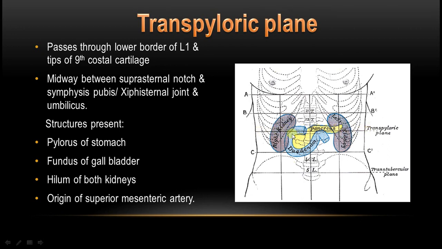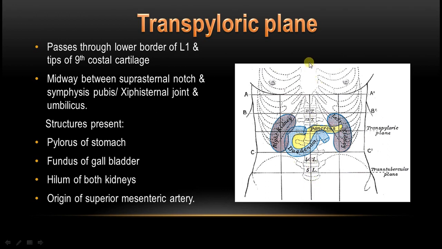So it can be drawn along the L1 vertebra, as I told you, that is midway between your xiphisternal joint and the umbilicus, or midway between your suprasternal notch, the uppermost border of the sternum, and the symphysis pubis.